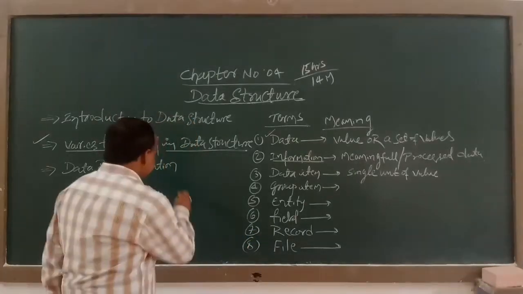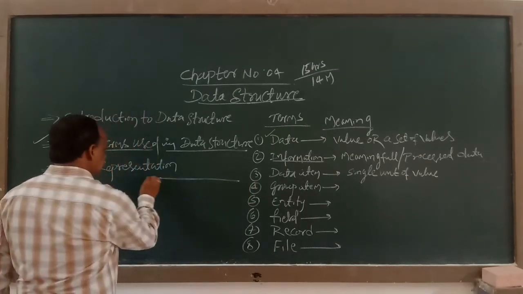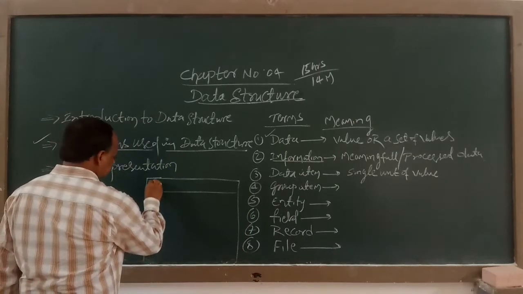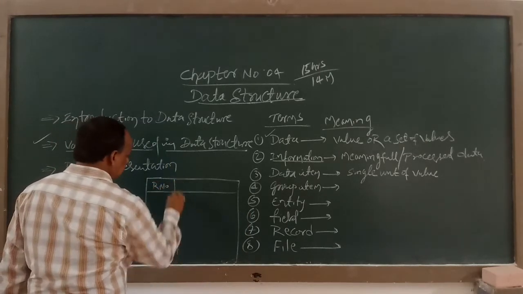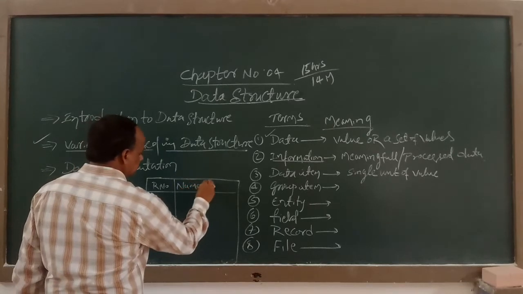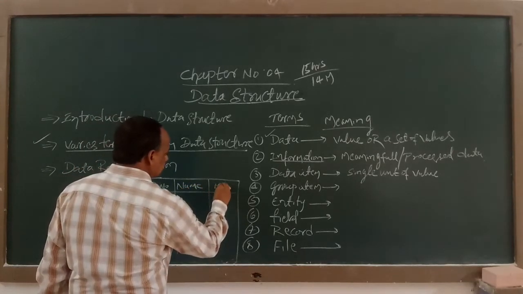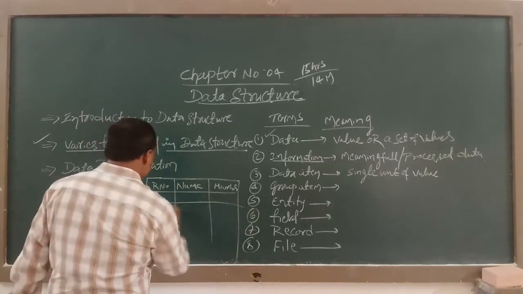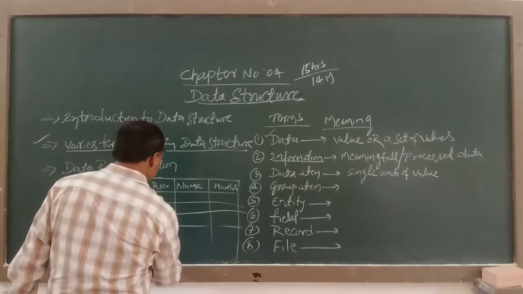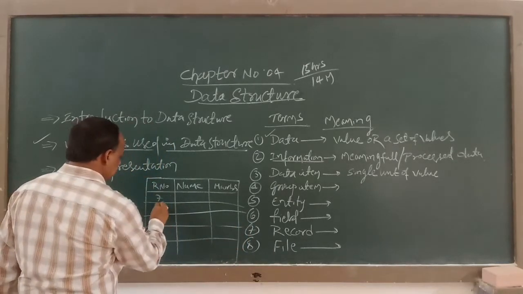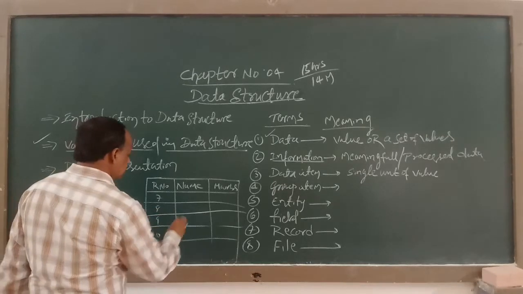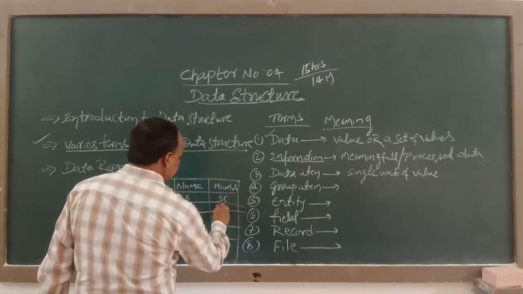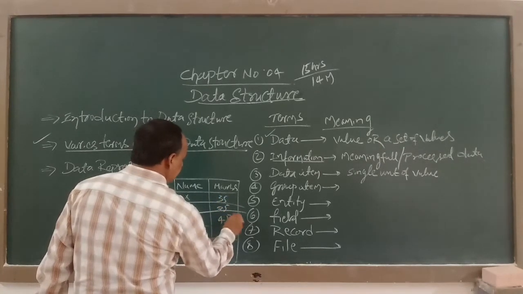For example, consider a table with roll number, name, marks, and values like X, Y, Z, M and 35, 75, 45, 90.